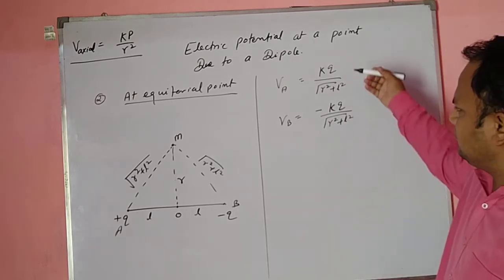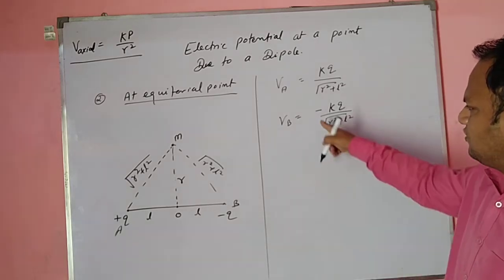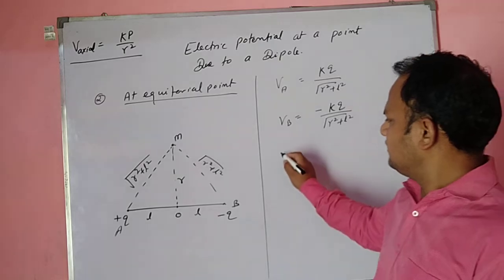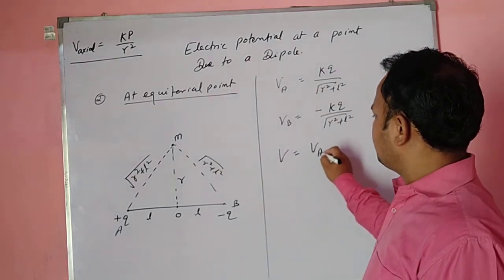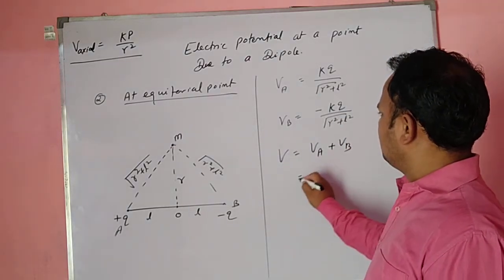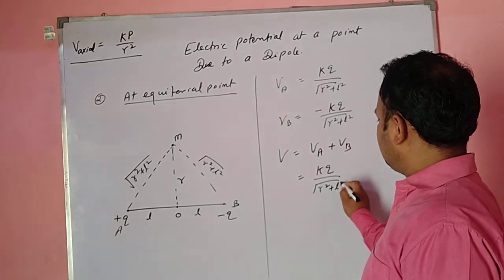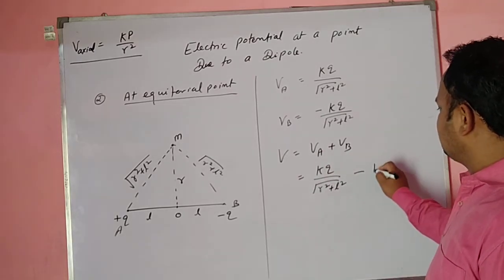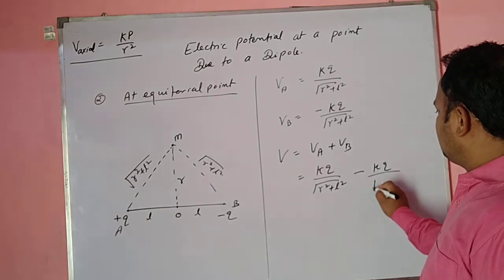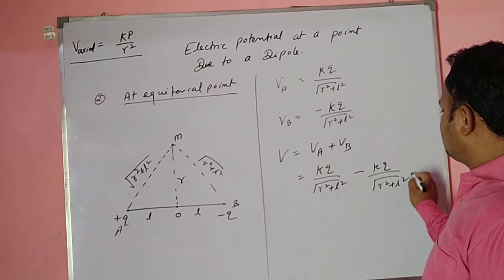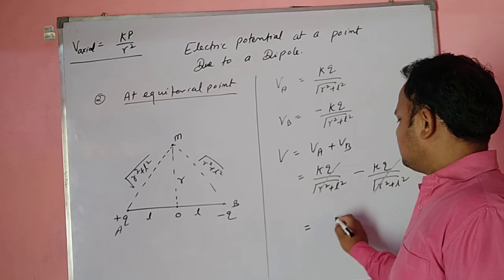As you can see, both of them are equal, the only difference is the negative sign. So when I try to find the net potential, this is going to be Kq by under root r square plus l square minus Kq by under root r square plus l square. They will cancel out and the answer will be 0.